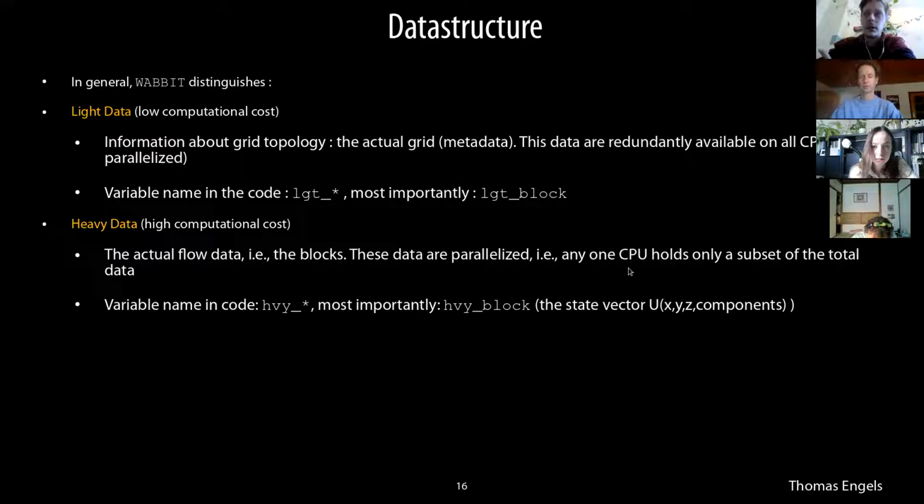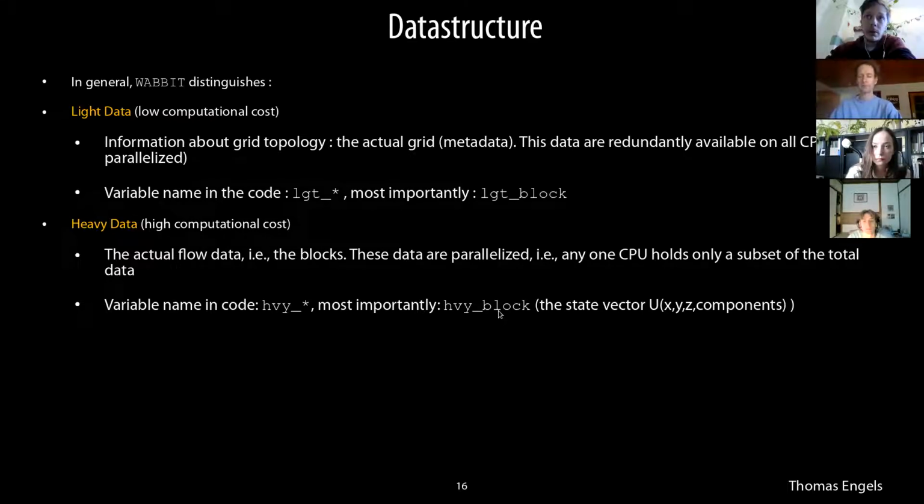So any of the CPUs only holds a subset of the entire data, and it has no means to access the data from other CPUs, as is normal in parallel computing. And the variable prefix is heavy, HVI, and most importantly, heavy block. So this is, again, the state vector, which holds the actual flow data at any one time, t.